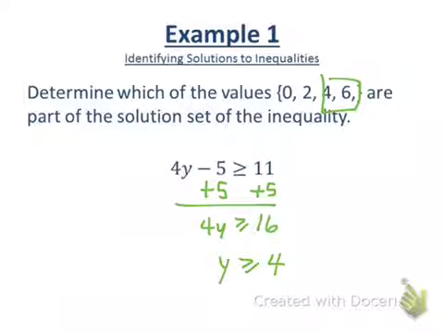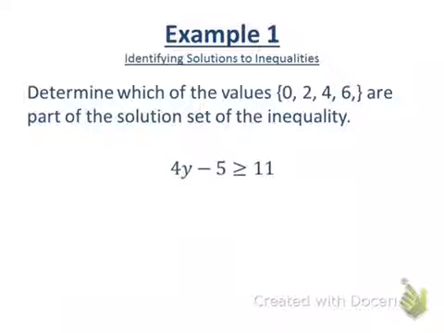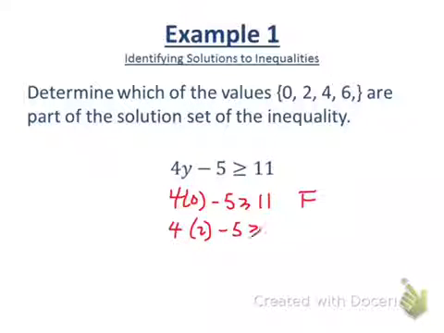We could substitute the values into the inequality. We can put 0 in. Is 4 times 0 minus 5 greater than or equal to 11? No. That's false. Is 4 times 2 minus 5 greater than or equal to 11? That's 8 minus 5, that's 3. 3 is not greater than or equal to 11. That's false.